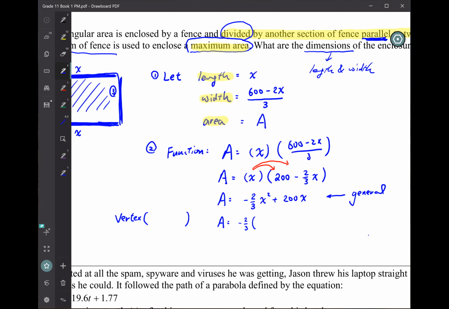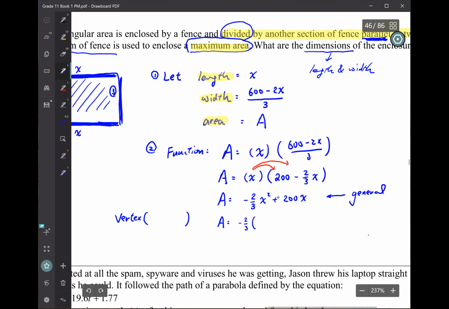Okay, please raise your hand if you got a vertex. When you factor the negative 2/3, it means you divide by negative 2/3.